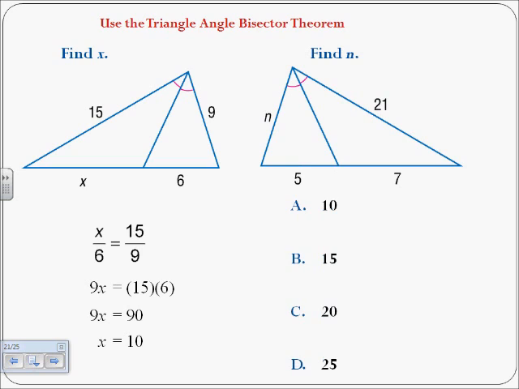Similar type problem here on the left, find n this time. So if we start here, we'll have 5 over 7 is equal to n over 21. We'll have 7n is equal to 110, which leaves us with n is equal to 110 divided by 7.